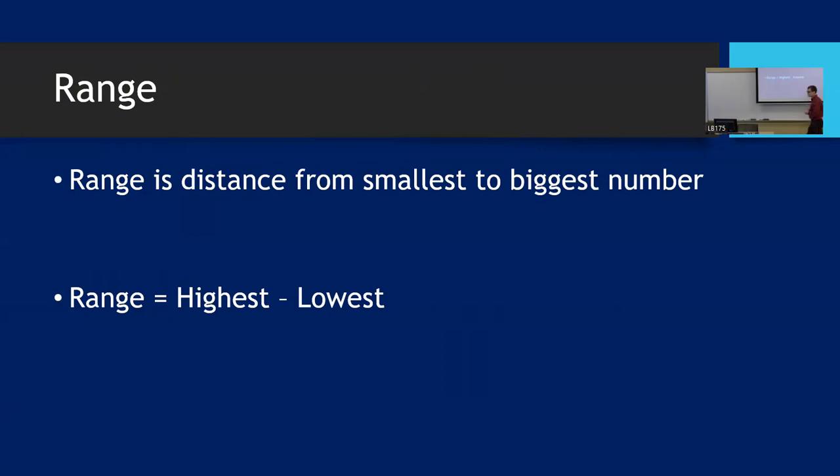The first measurement of how spread out a set is, a fairly easy one to calculate, is the range. The range is simply the distance from the smallest number in our set to the biggest number in our set. To calculate the range, you take the highest number and subtract the lowest number, or maximum minus minimum.